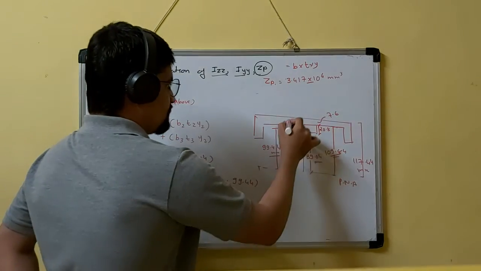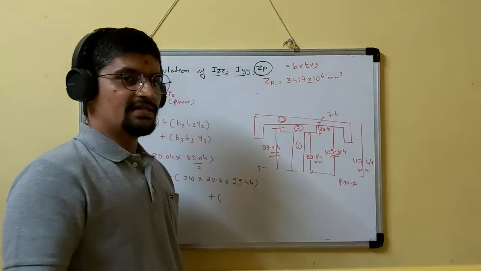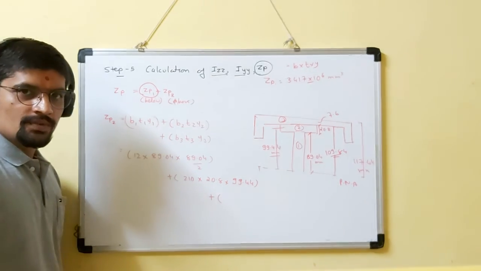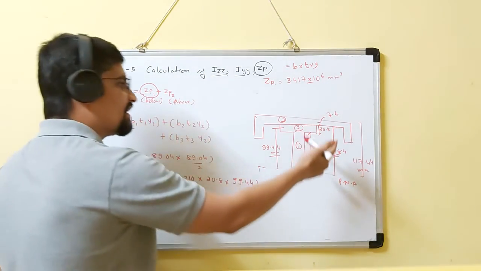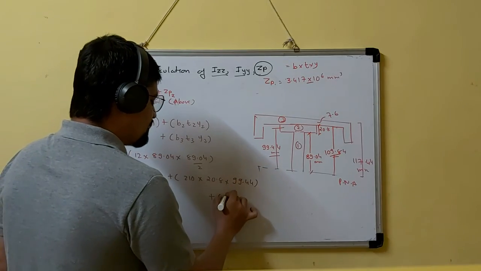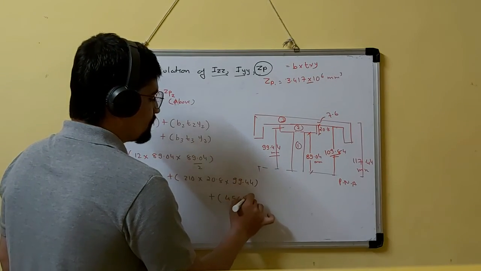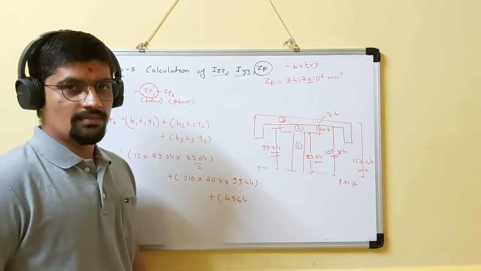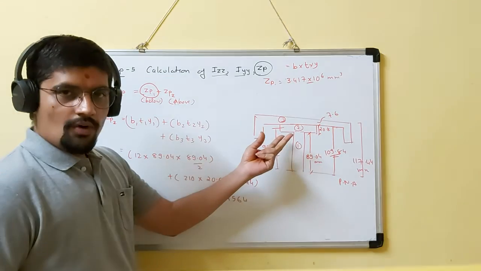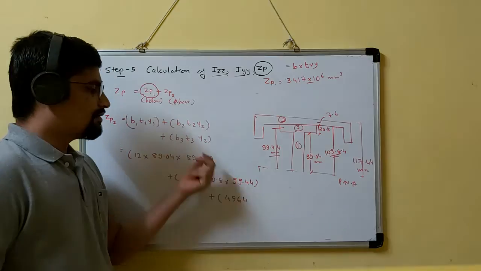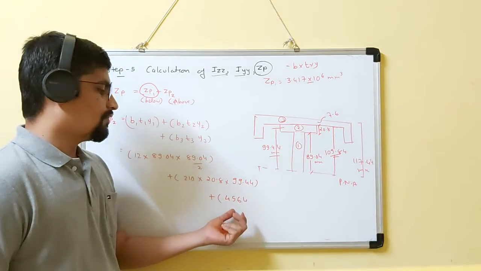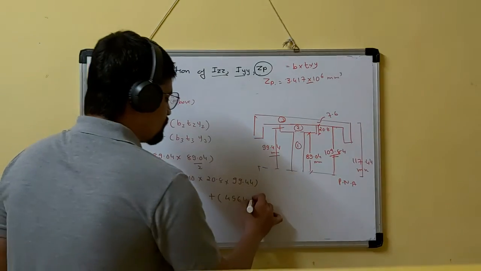Now the third section is considered as the whole C section. B into T means area, and we have the whole C section above the axis. So we write 4564, the area of the C section from the steel table, because the C section is fully in the above portion. So why calculate B into T? We take the area directly from the steel table, 4564 into Y3.